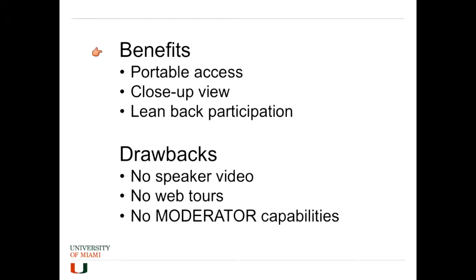It's a close-up view. If I want to see something, I can make it go full screen and lift it up to my eyes. I don't happen to have them on now, but I wear bifocals. And when I need to see something and it's small, even if it's on a portable computer, I have to kind of hunch over and look for it with the bifocals. But with this, I just bring it up to my eyes, look at it, I'm fine.